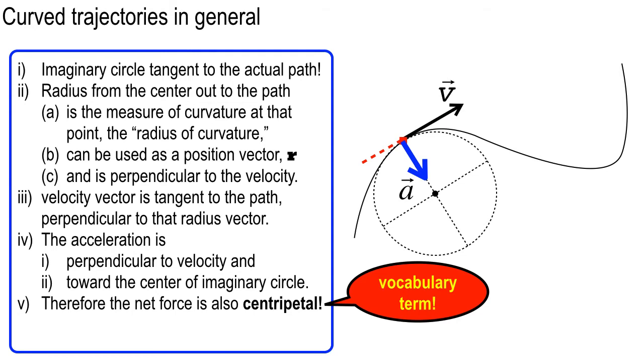They're toward the center. So we're going to use centripetal. We're never going to use centrifugal. Now, if you're building a centrifuge, okay, you can use it as an adjective, but we're not going to be messing with that. Okay, so make sure to cross that out, and do not misunderestimate the importance of this term, centripetal.